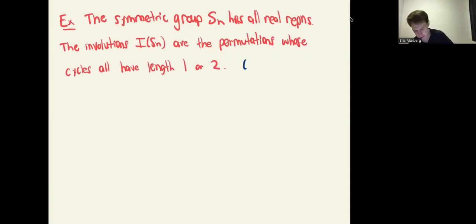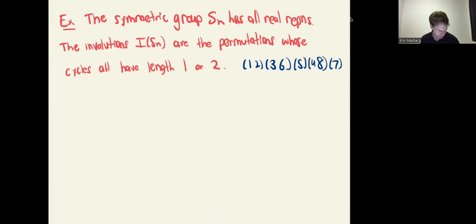So something like (1 2)(3 5)(4 6)(7 8), or something like this, in cycle notation. So here's how we can define this map lambda to get an involution model for Sn.